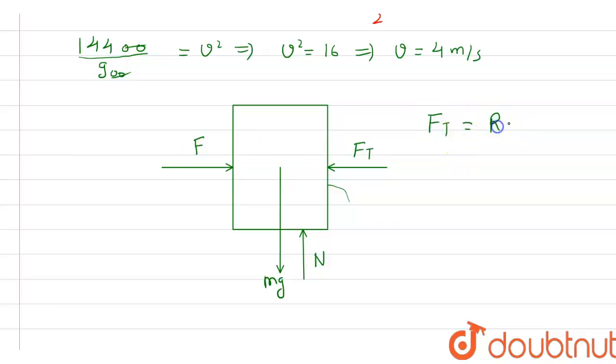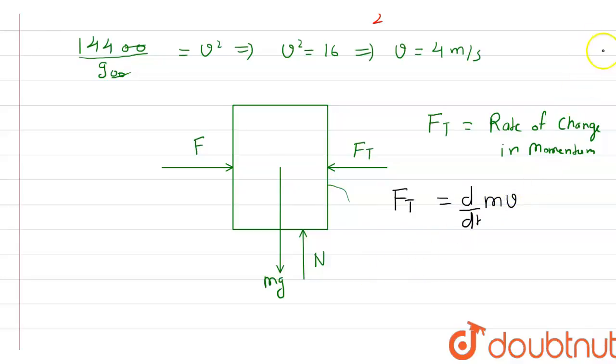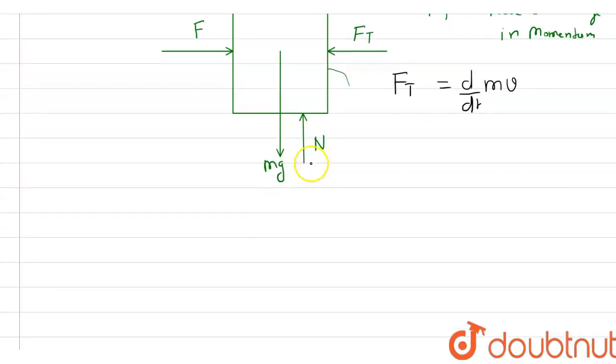The thrust is the rate of change in momentum. This is what we have to consider. So the rate of change in momentum will be equal to Ft. It is d/dt of (m v). Further, m will be density into volume, where density is ρ and volume is A into l.